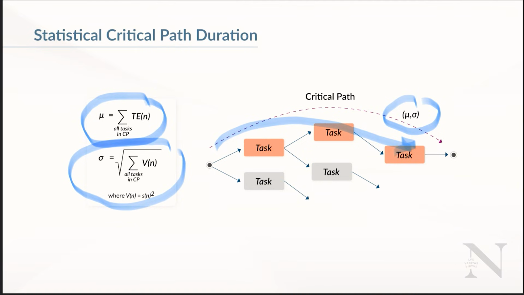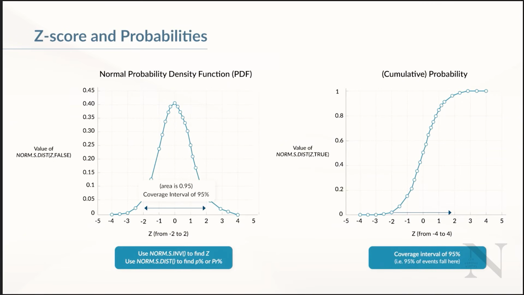By moving from best guesses to probabilistic estimates, our project duration becomes a random variable following the normal distribution with a known mean and standard deviation. It's well known that the z-score is associated with a corresponding probability, and vice versa. If you know the probability, you can find the z-score.